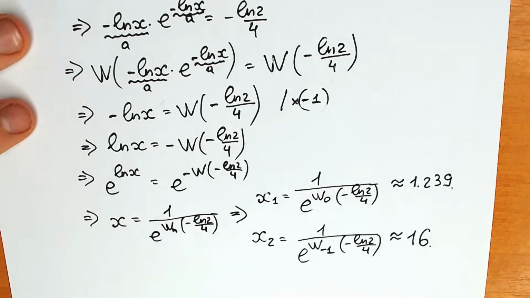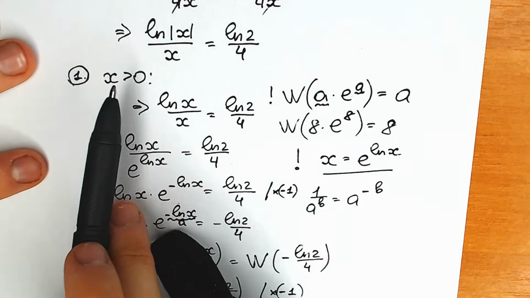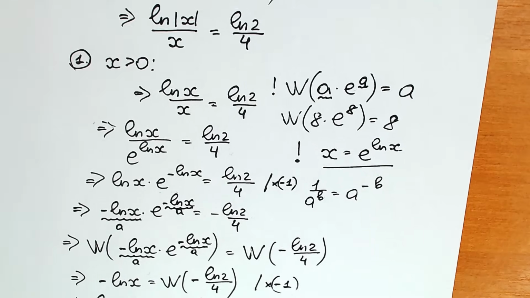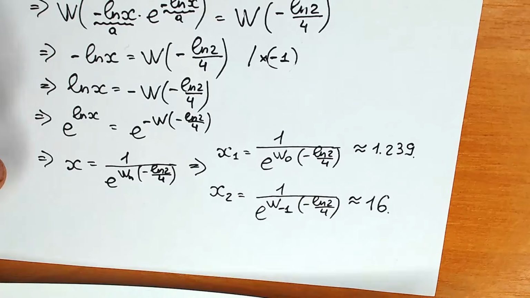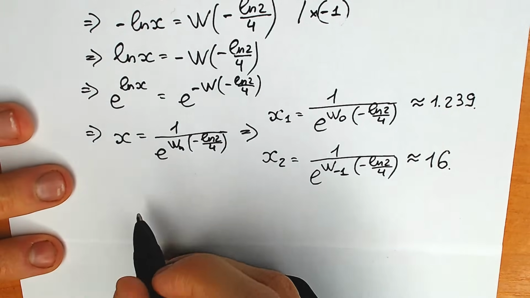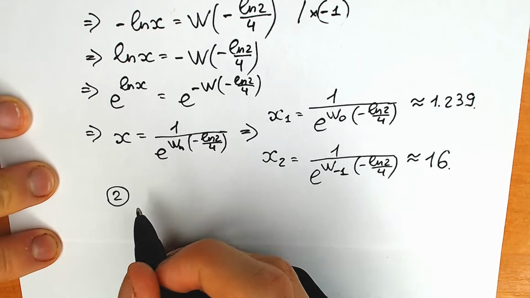But don't forget about the second part, because x can be less than 0, and that's why I'm going to write the second part of the solution right here on a new page.